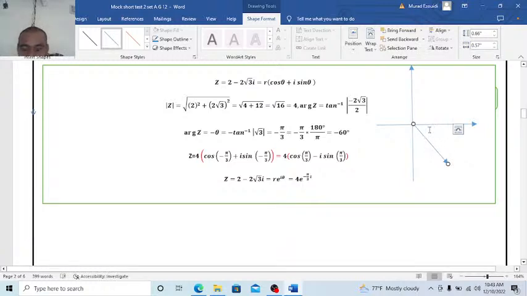Means if this is pi over 3, therefore my angle measured from the positive real axis to the terminal side is negative, because I'm going to use the negative version. So that's why it's negative. That's why here you should put argument of Z equal theta.